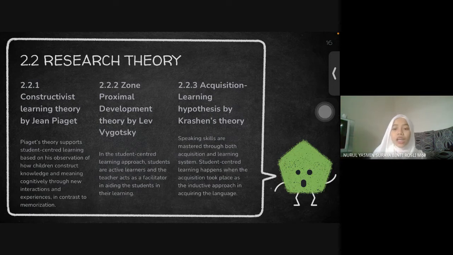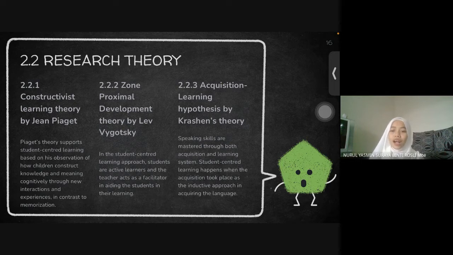And the third theory is the acquisition learning hypothesis by Krashen, which is one of Krashen's five hypotheses in the theory, and it is actually considered the most fundamental in this theory.